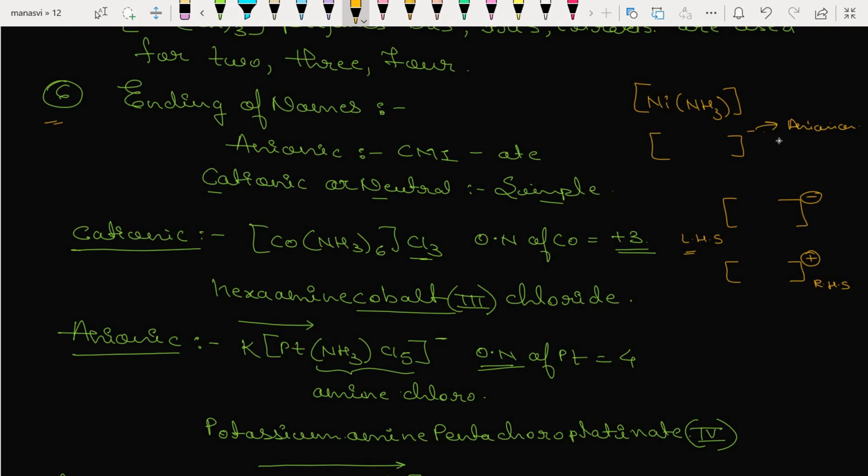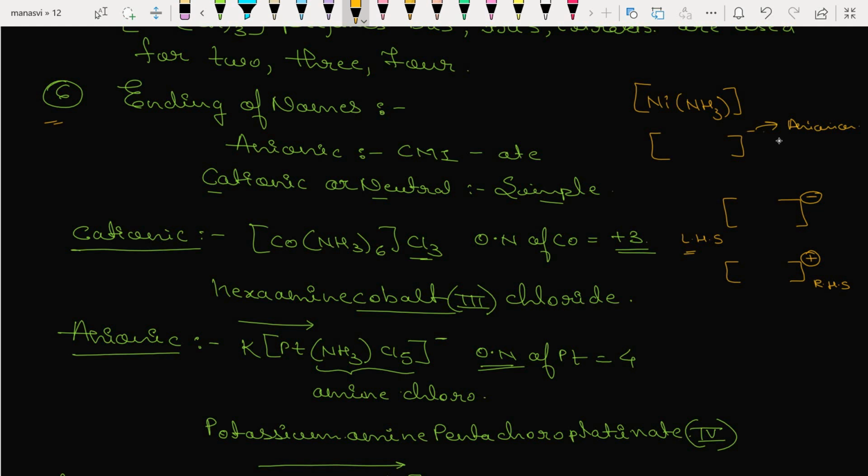So first see what charge your complex ion has, because based on that your metal ion will be written accordingly. After that, find the oxidation number of cobalt. How to find the oxidation number, I'm going to prepare a next video that I'll upload. You see that video after this.